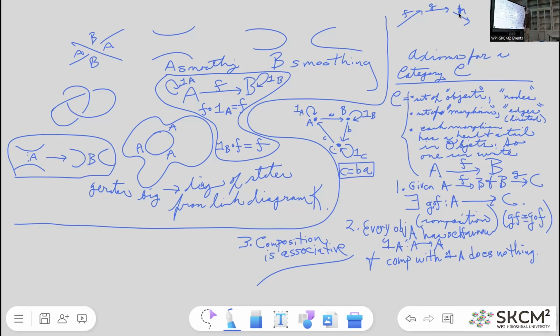I'm not drawing the objects, pardon me. Maybe I take the composition of F and G, GF, and then I compose that with H. Then I get H(GF), composing it that way: first GF, then H. Or I could compose G and H, getting HG, and then compose with F. That would be (HG)F, an arrow from here to here.